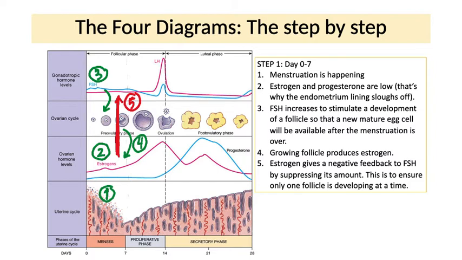And this estrogen gives a negative feedback to FSH. You can see from the picture, I put a red arrow with number five. The purpose of suppressing FSH while estrogen is increasing is to make sure that there is only one follicle developed at one time.